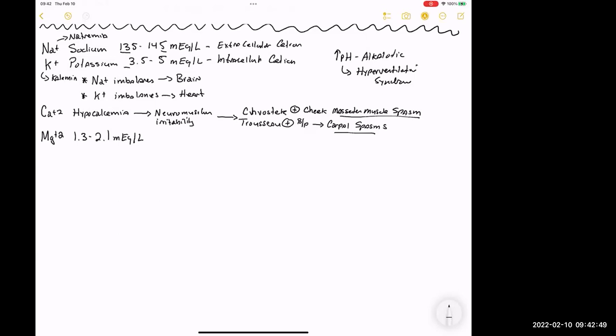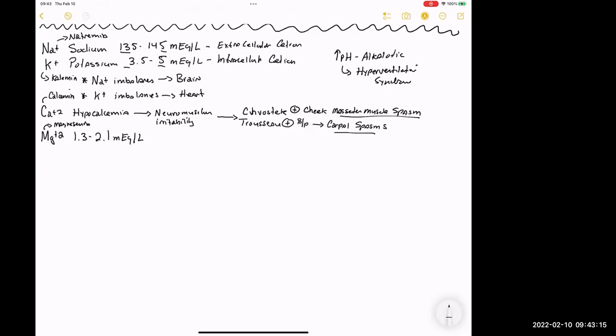Hypokalemia, less than 3.5. Hyperkalemia, greater than 5. When it comes to calcium, it's just calcemia. Hypocalcemia, for example, and magnesium is just magnesemia. Hypo and hypermagnesemia.